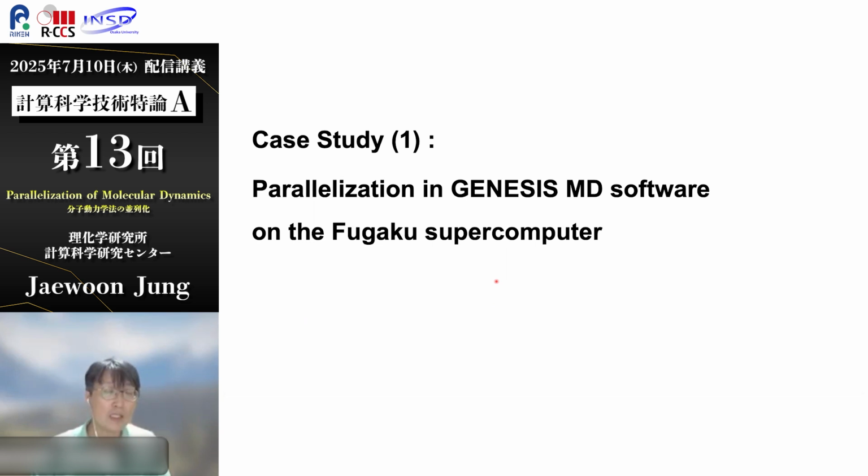So this is the parallelization scheme used in FFT, and based on this, I'll talk about a case study. I'll talk about the parallelization of GENESIS MD on the Fugaku supercomputer.